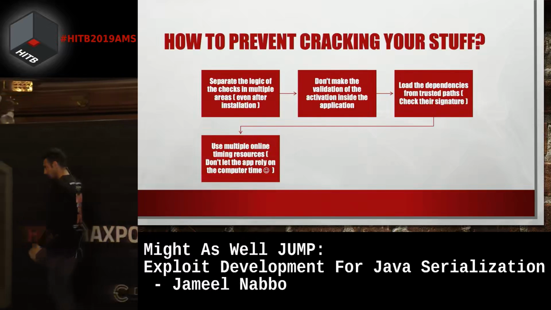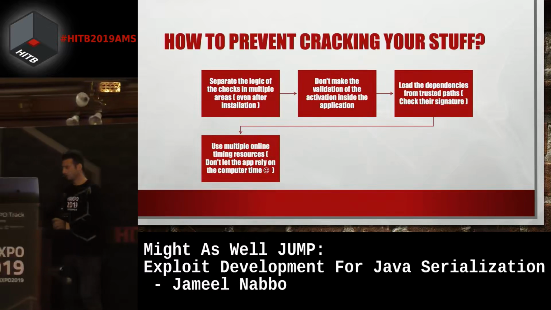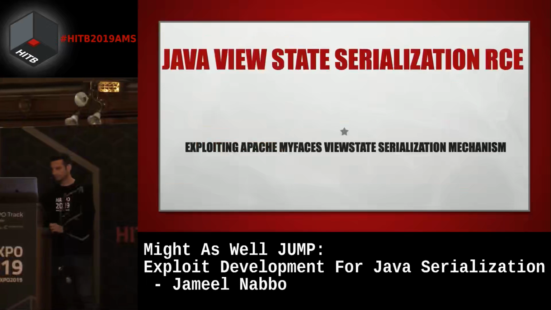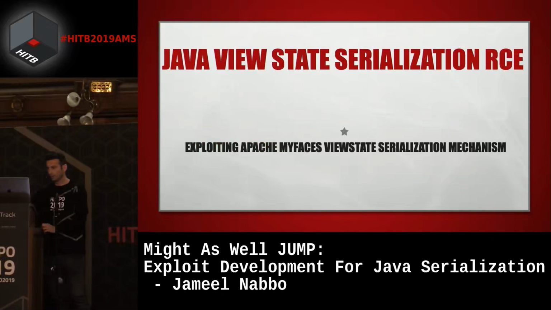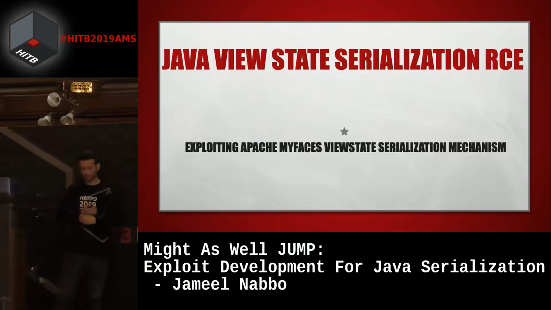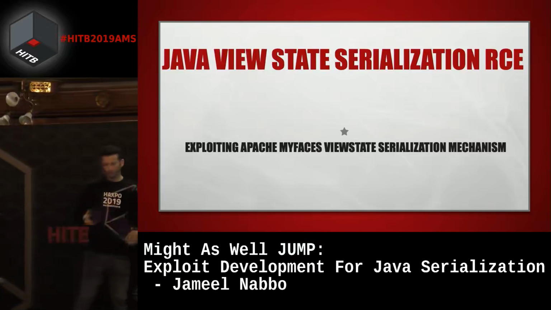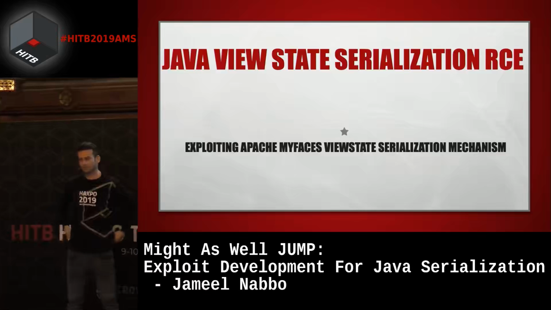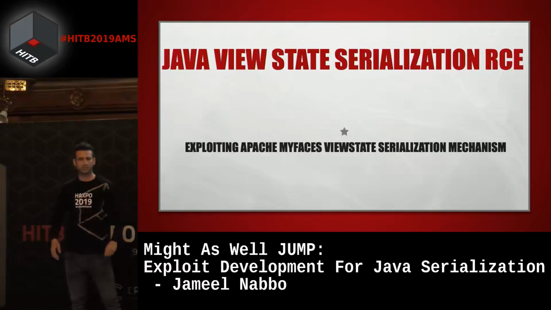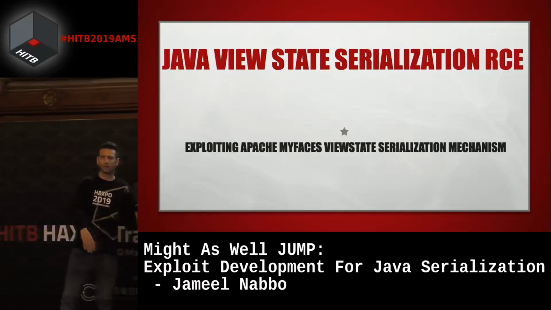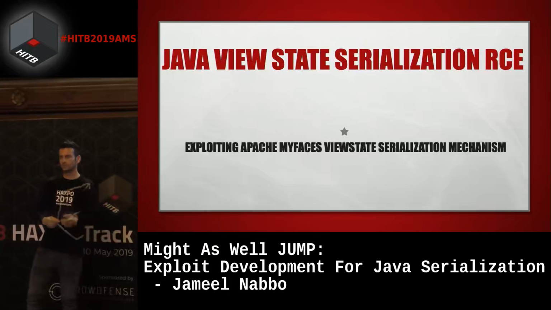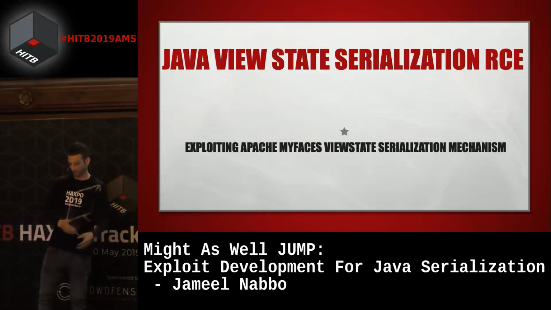So this is the first part. The second one is about exploiting the view state serialization. It's really common, like the Java serialization part, when you have, let's say, a JSON that is loading from a different area, and then you deserialize this into an object, and then you do whatever you want with these objects.